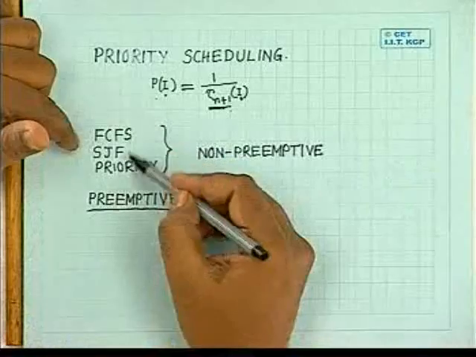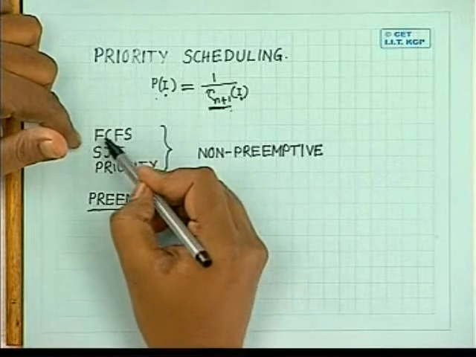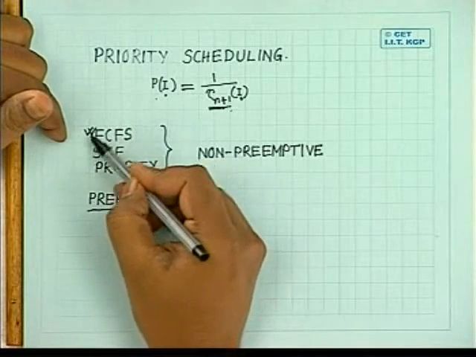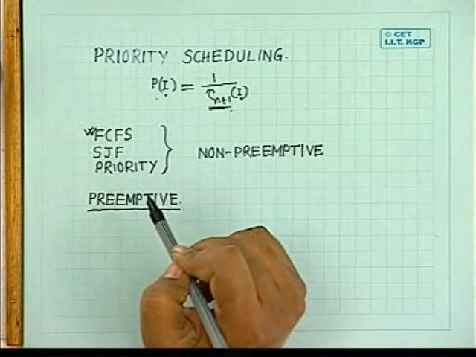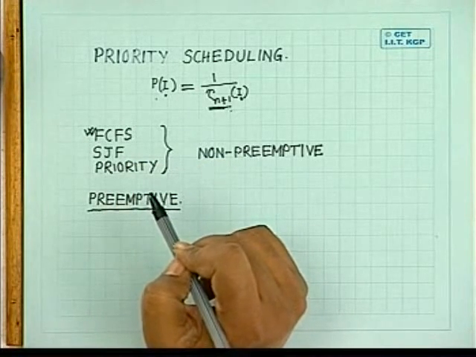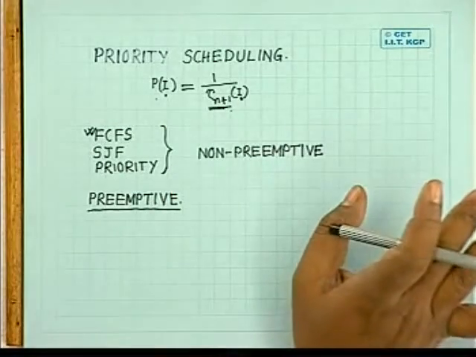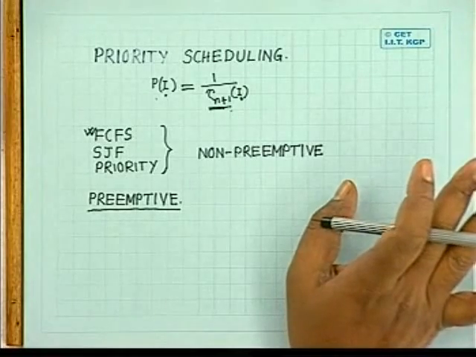Now, if you study these three, you find that out of these, first come first serve, as the name suggests, should not be preemptive, because here I don't have any other priority. The priority is time of arrival. That means the job which has arrived first has to be executed first, and the job which has arrived next has to be executed next.